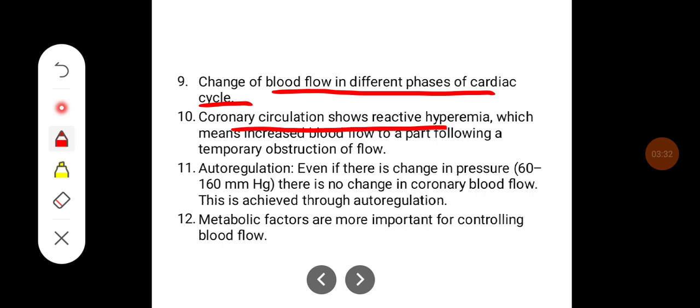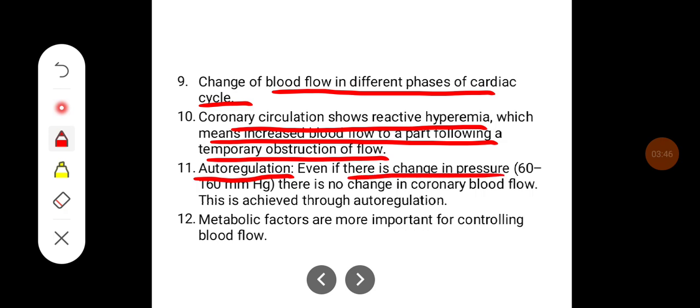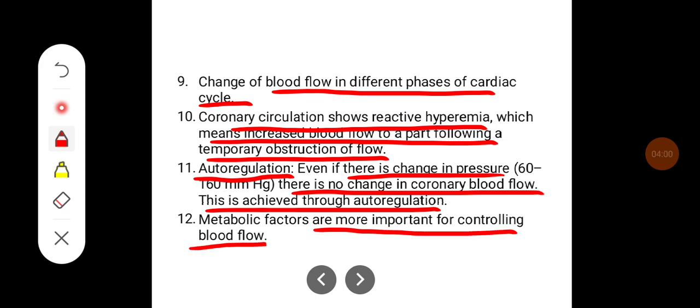Coronary circulation shows reactive hyperemia, which means increased blood flow to the part following a temporary obstruction of flow. And there is autoregulation: even if there is a change in the pressure between 60 to 160 mm of mercury, there is no change in coronary blood flow. So this is achieved through autoregulation. And metabolic factors are important for controlling the blood flow.